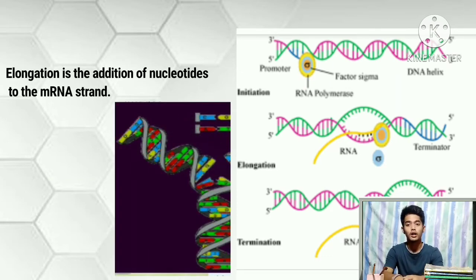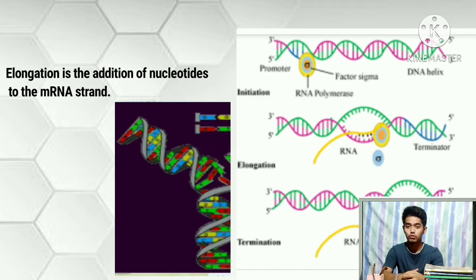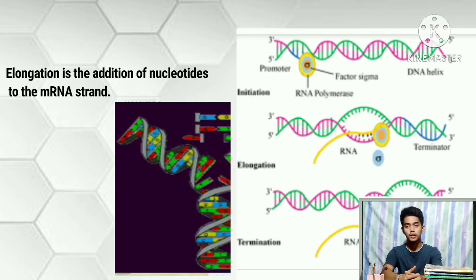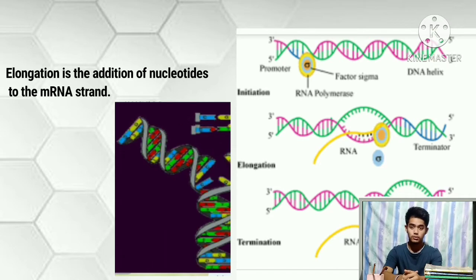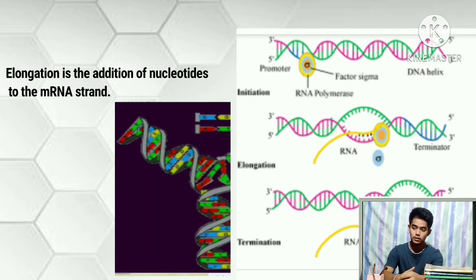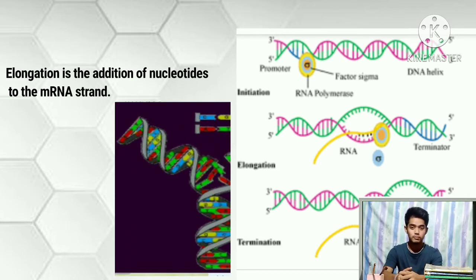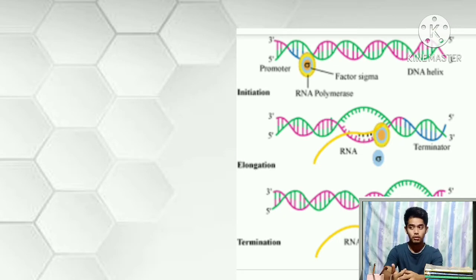Elongation simply is the addition of nucleotides to the messenger RNA after initiation, after the promoter signals the DNA to unwind. So in elongation, we are adding a whole bunch of nucleotides to the mRNA strand.